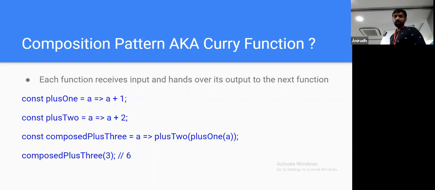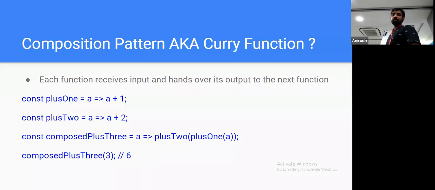compose the particular object. So this is one example where the first is a +1 function which is incrementing by 1, and there is another function +2 which is incrementing by 2. Basically, what is happening here is we are not mutating the state of A, okay?